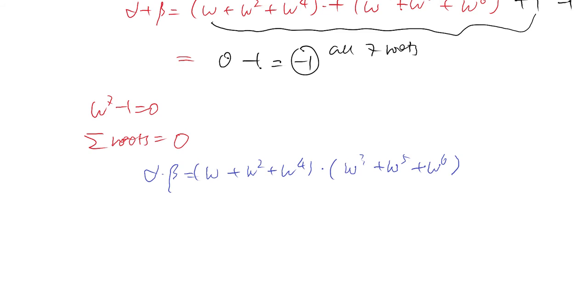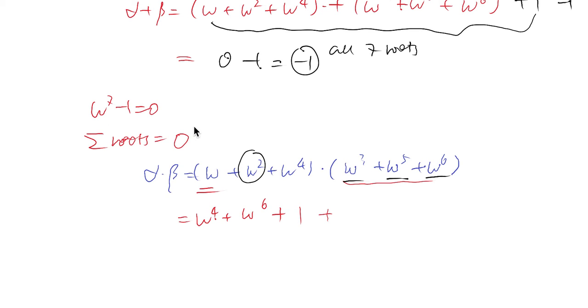So first of all, use w multiplied by all of this. So we get w to the power of 4 plus w to the power of 6 plus, okay, w multiplied by w to the power of 6 is w to the power of 7, so you can just directly write down a 1. Then using w squared, multiplied by 3, 5, 6, everything is going to increase by 2.